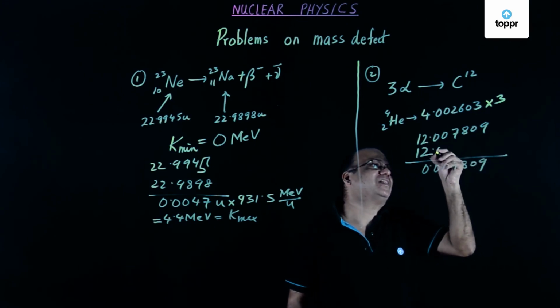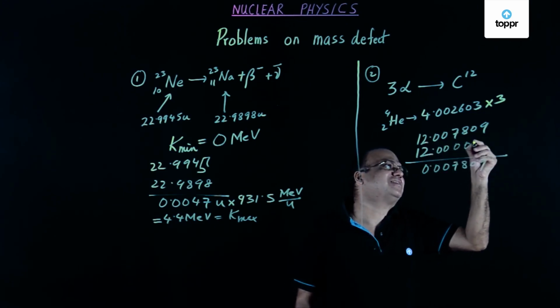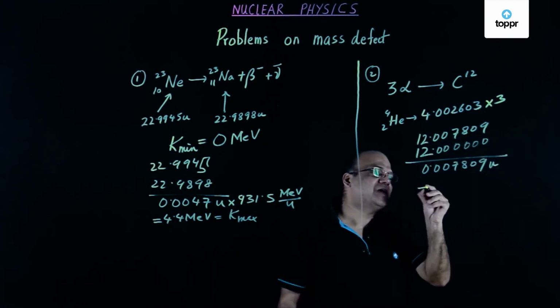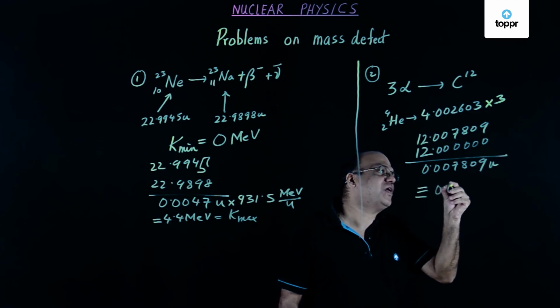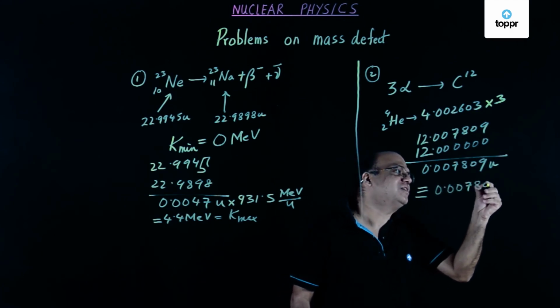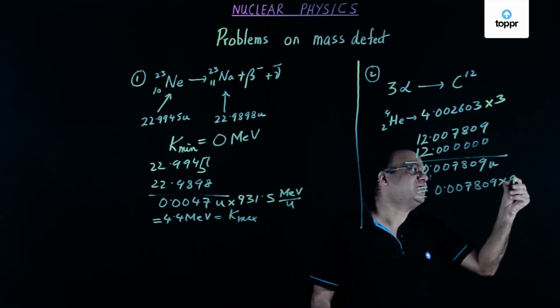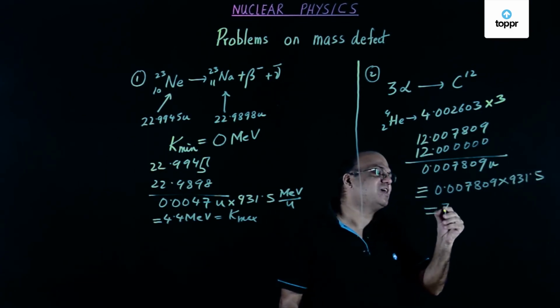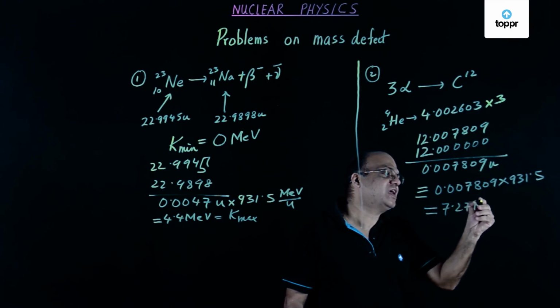This is the loss in mass. And how to convert this to energy? Multiply this 0.007809 by 931.5. This will give you 7.27 MeV.